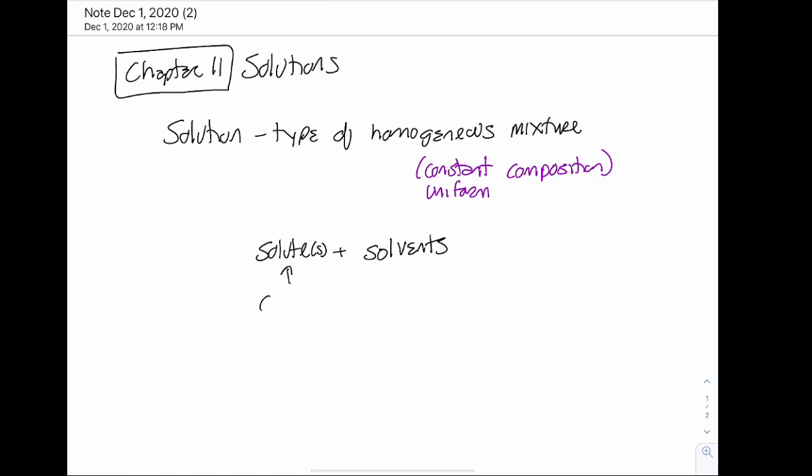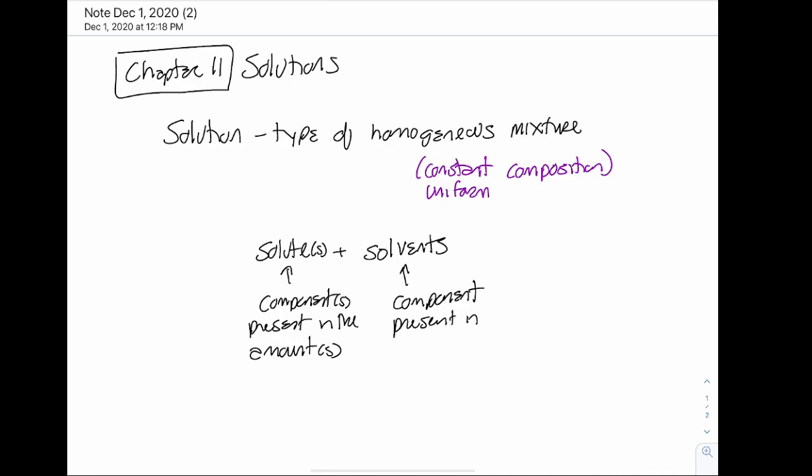This was the component or components, if we have more than one, present in the smaller amount. So in my Kool-Aid example, both sugar and Kool-Aid powder would be solutes. And then my solvent is the component we'll only ever have one of, present in the larger amount. So water in my Kool-Aid example.